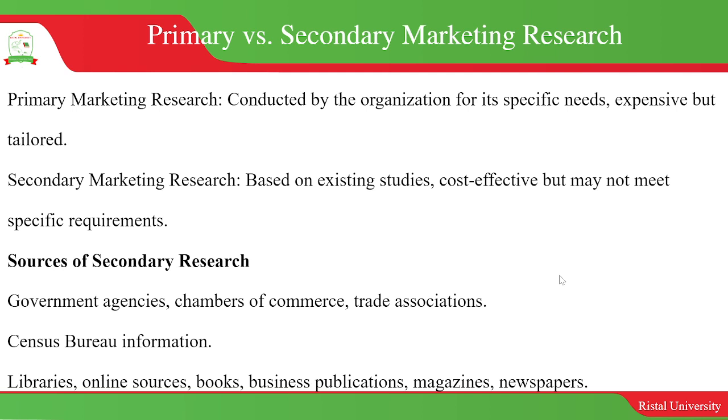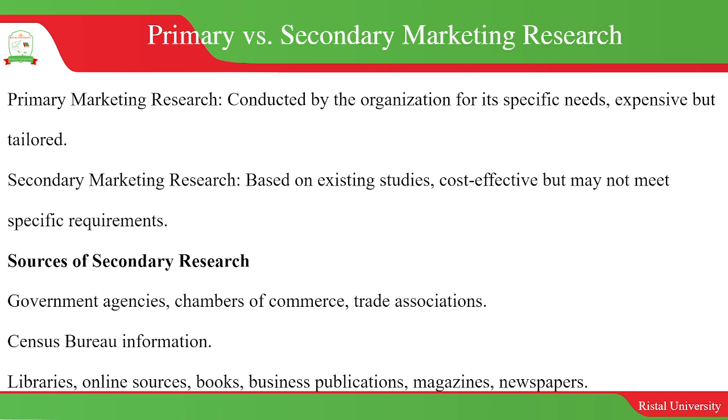So you can decide to do the research yourself as an organization, that is primary research, or you basically go and look for already collected data, and then you make decisions based on this data. If you carry out the research on your own, then that is primary research. If you basically go and review data that is already from other researchers, that is what we call secondary marketing research.